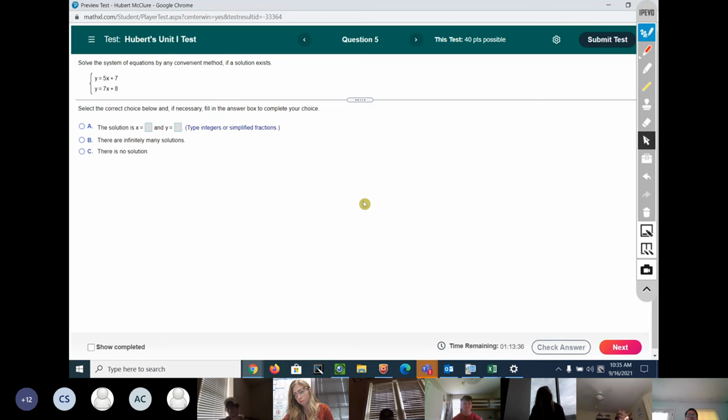Why am I not going to use substitution or elimination or graphing on this one? Because they're both equal to what? They're both equal to what? What are they both equal to? Y. So you can set them equal to what?